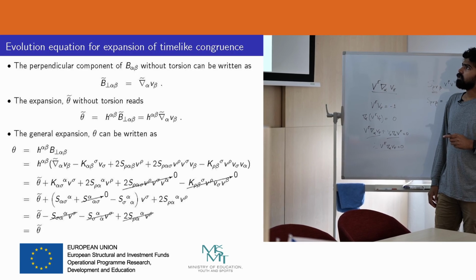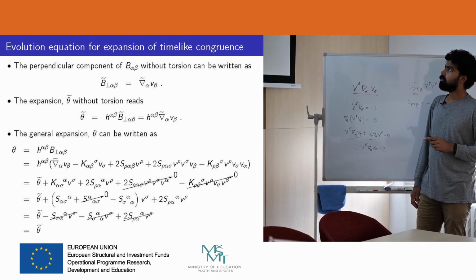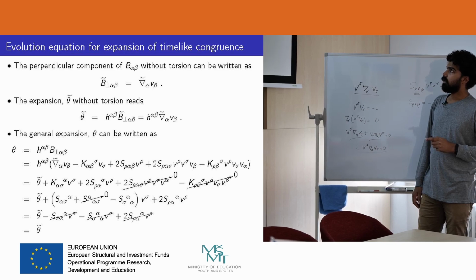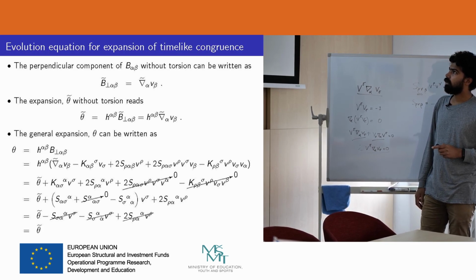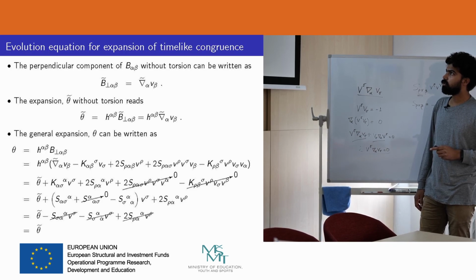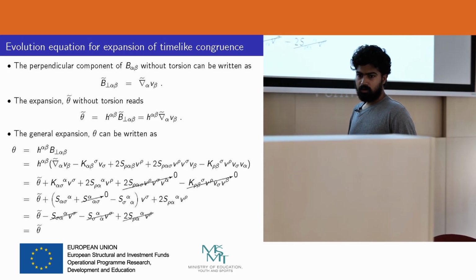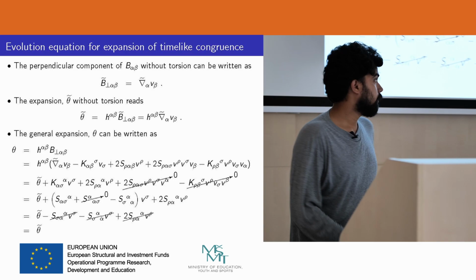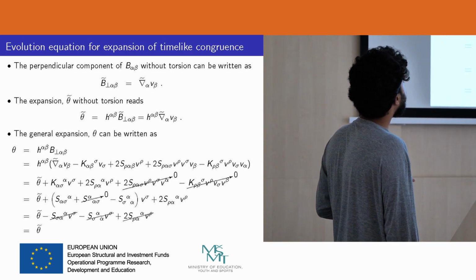The perpendicular component of B without torsion can be written as nabla tilde alpha V beta. This is basically theta tilde if we contract with the projection operator, basically calculating the trace of this B tilde alpha beta, and we have this expression.